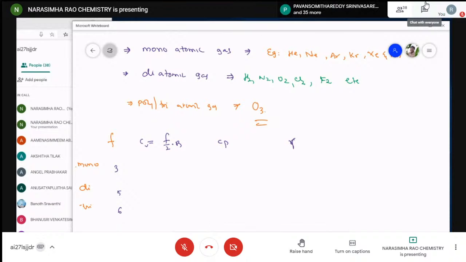Already I told you. So Cv is equal to F by 2 R, where F is the degree of freedom. For monoatomic gas F is 3, so Cv is 3/2 R. The degree of freedom is the characteristic property of the gas.